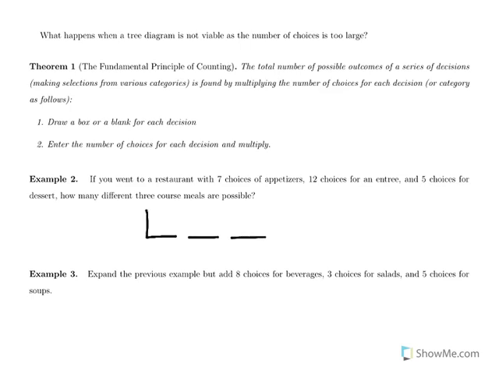So our first box represents the appetizer. Next one for the entree. And lastly for the dessert.